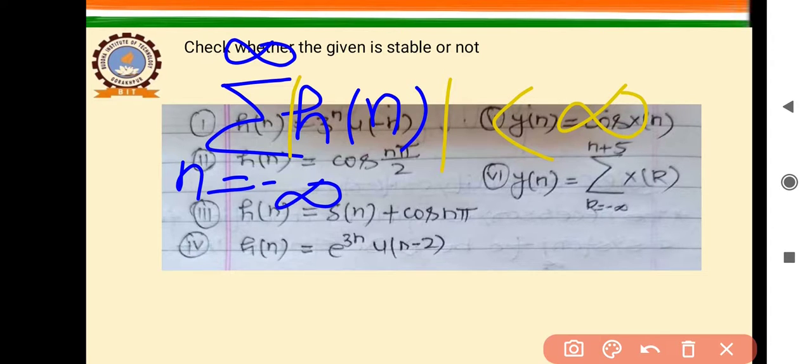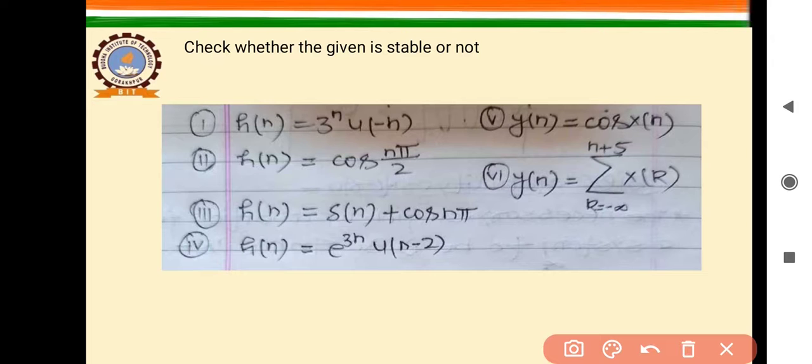If we are adding h[n] at different values of time from minus infinity to plus infinity, it should give a finite value. Then I will say that the system is stable, otherwise it is an unstable system.